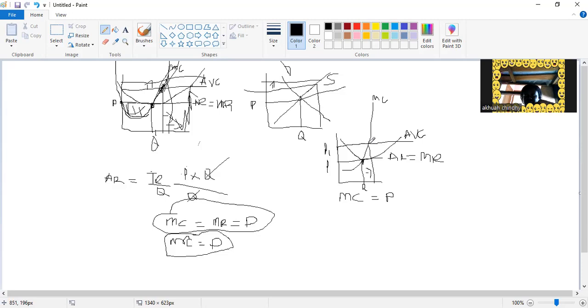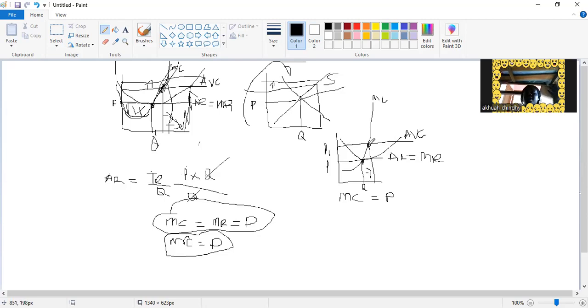Because what will enthuse a firm to produce additional units into the market is when the price is high in the market. And as demonstrated here, we know why this price went up from the market side. Okay. So since there is a shortage in the market, price will increase. And when price increases, the firm increases quantity. The firm will be producing at this side, and still people will be demanding more.